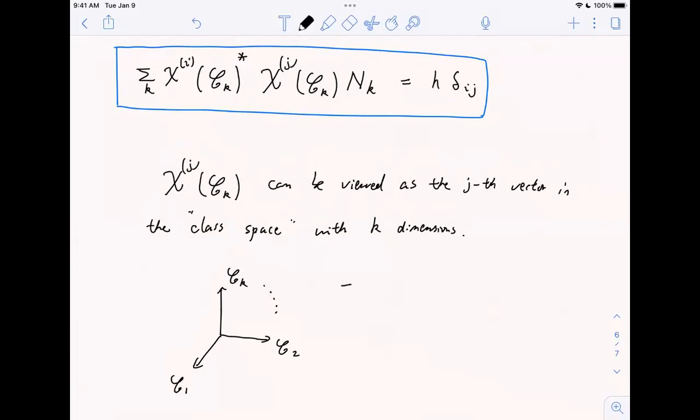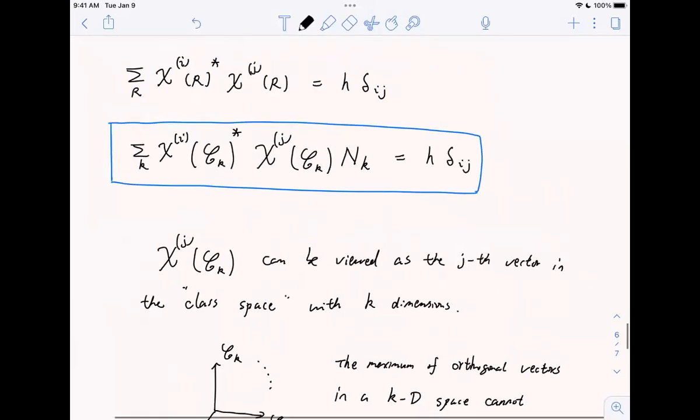So the maximum number of orthogonal vectors in a k-dimensional space cannot exceed k. But here there's only one index, that is the number of representation. So this I and J are the index for the vector.